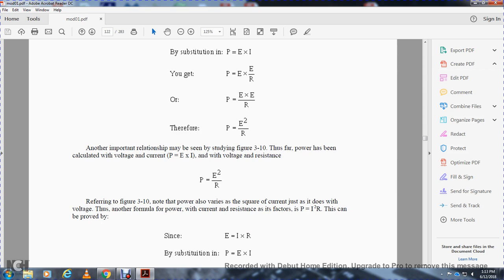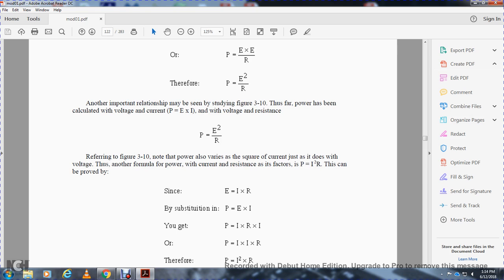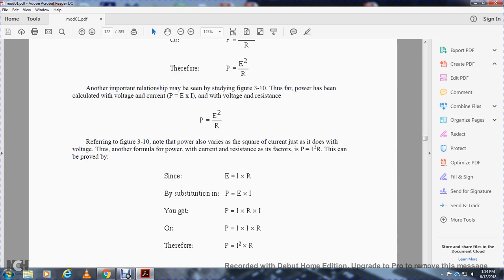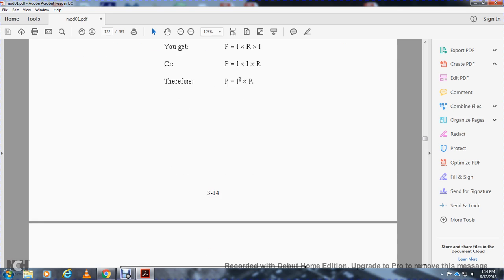This is because the volts is equal to amps times the resistance. Substituting into power equals volts times the amps, you get power is equal to amps times the ohms times the amps, or therefore power is equal to amps squared times the ohms.